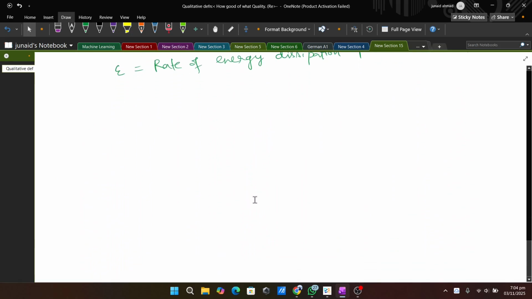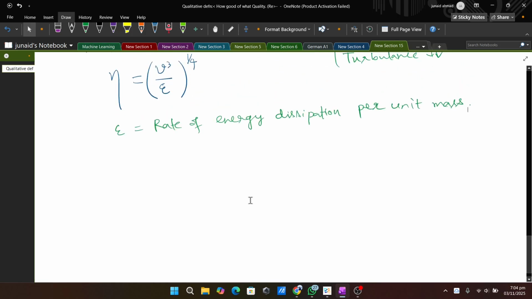So an eddy smaller than this eta, this Kolmogorov microscale, cannot exist. It's written in a book, but fundamental research is still going on about whether there is any existence of eddies smaller than this Kolmogorov microscale. They are damped instantly by the viscosity.